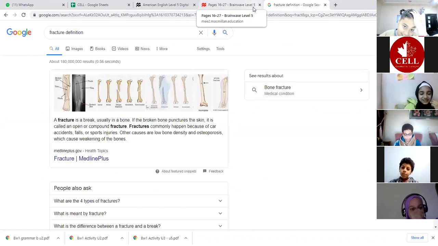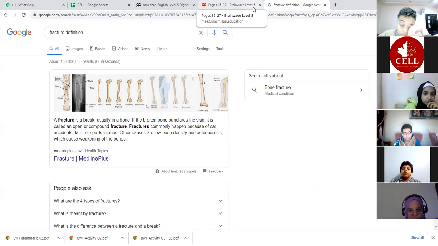Okay, so it says if the fracture is very strong or severe, the bone punctures the skin. When the skin is punctured by the bone, we call it an open or compound fracture.